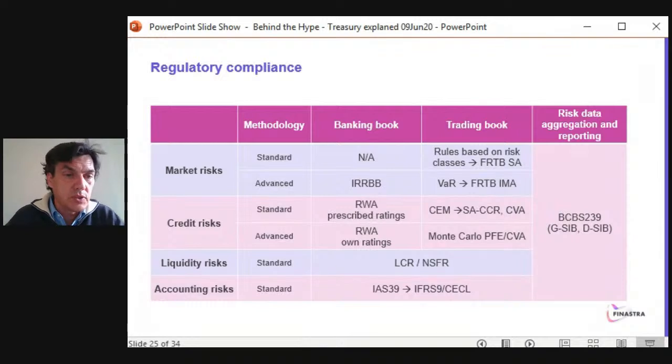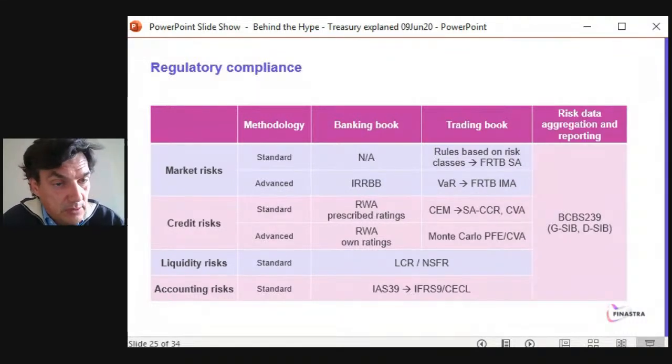You have your credit risk, so how risky your clients are, with the loans you have provided to them, and multiple measures, obviously from the least to the most complex. PFE, for example.